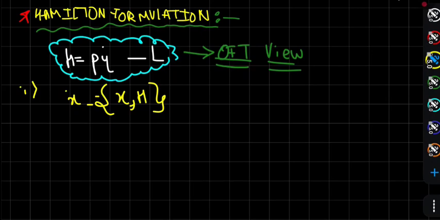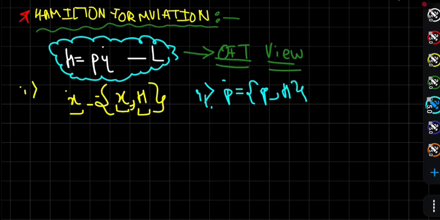So this is how we first define it: the time derivative of your generalized coordinate is nothing but the Poisson bracket between x and H. The second one is also fundamental, which is p dot, and it equals the Poisson bracket of p and H.